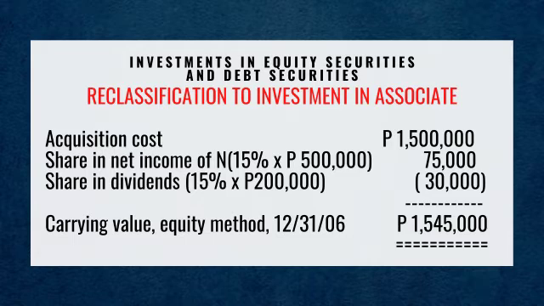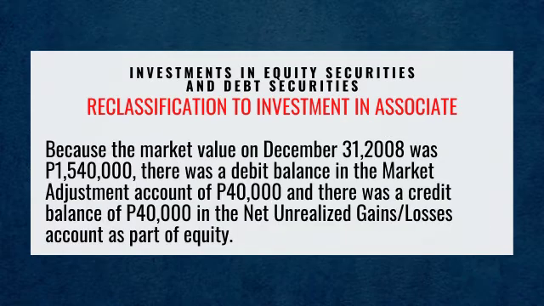The carrying value, equity method, December 31, 2008 is 1,545,000 pesos. Because the market value on December 31, 2008 was 1,540,000, there was a debit balance in the market adjustment account of 40,000 pesos, and there was a credit balance of 40,000 pesos in the net unrealized gains or losses account as part of equity.